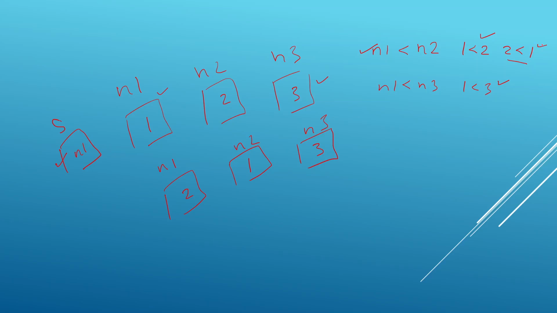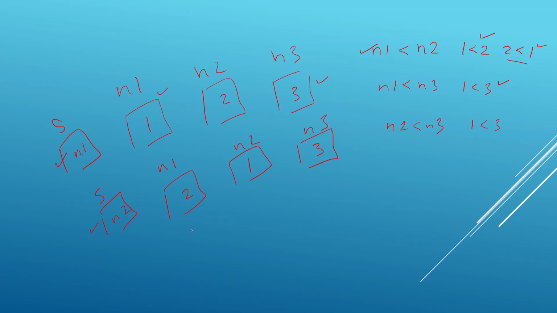So the smallest is the second number, so the smallest becomes n2, that is 1. After that I have to compare the second number with the third number also, that is n2 less than n3, so 1 is less than 3, which is also true. So n2 will be the smallest.